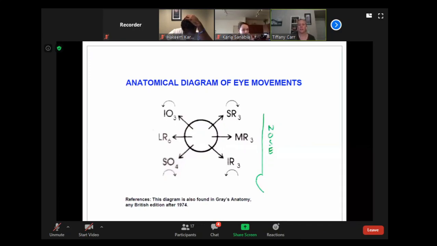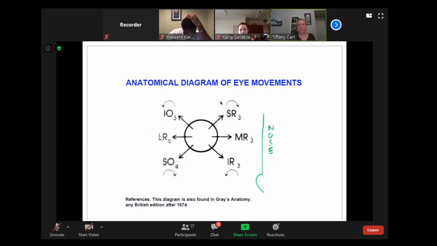We were talking a moment ago about the superior oblique. So this guy is going to run underneath and then connect up here.